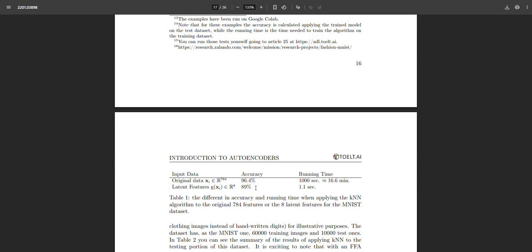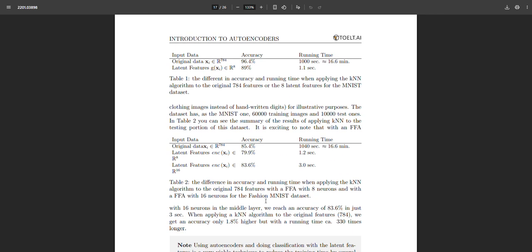But the key takeaway is using only 8 features allows us to get a very high accuracy in just 1 second, making the classifier dramatically faster and more computationally efficient. We can see a similar trade-off with the fashion MNIST dataset. On the fashion MNIST dataset, using the original data takes about 16.6 minutes and gives an accuracy of 85.4%.